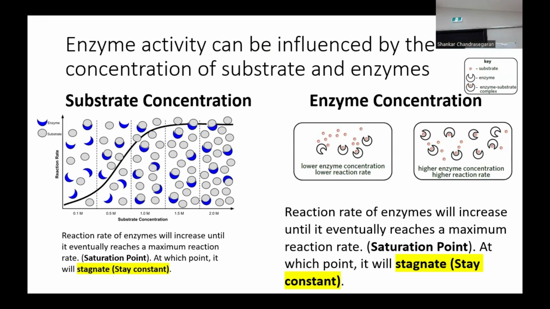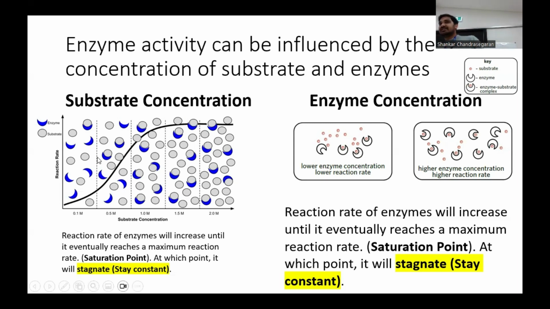So essentially, the reaction rate of enzymes will increase until it eventually reaches a point we call the saturation point. This is where the reaction rate will stagnate. This means that every enzyme is binding to substrate, so every enzyme is occupied. There aren't any more free enzymes to bind to any more substrates, right?